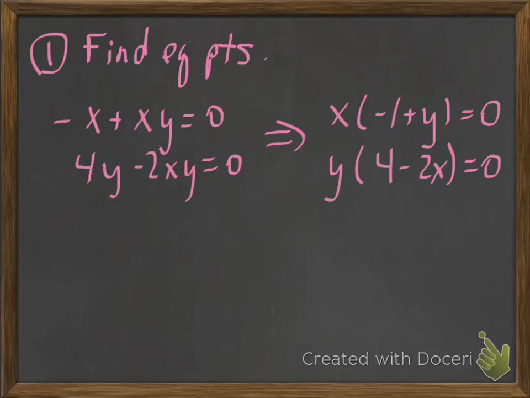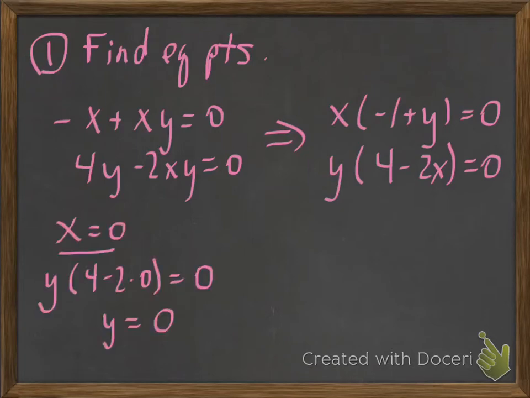So let's look at what numbers solve the first equation and see what that tells us about the second equation. One way to solve the first equation is for x to equal 0. Then if x equals 0, putting that into the second equation gives y times 4 minus 2 times 0 equals 0, which of course means y equals 0.